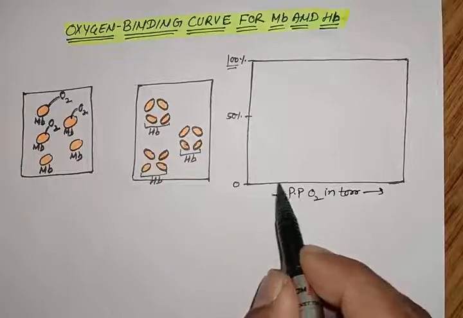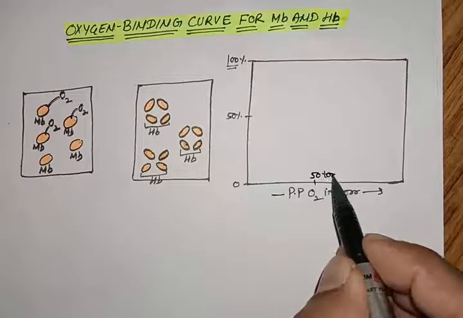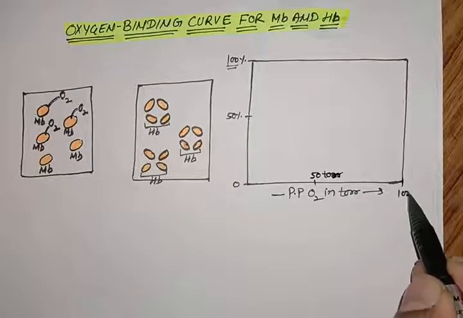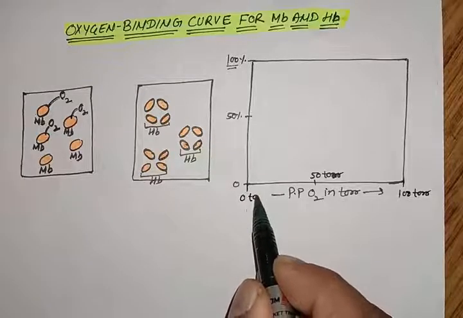Suppose here the partial pressure is 50 torr, here it is 100 torr, and here the partial pressure of O2 gas is 0 torr.